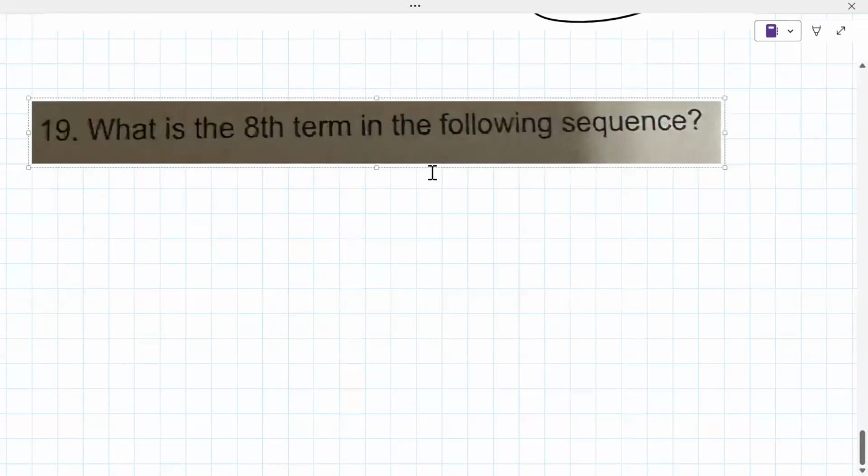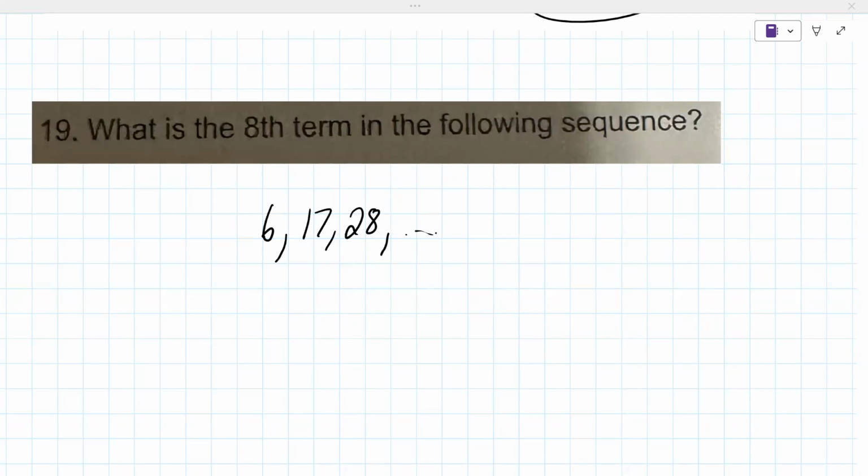All right, so what is the eighth term in the following sequence? $83.